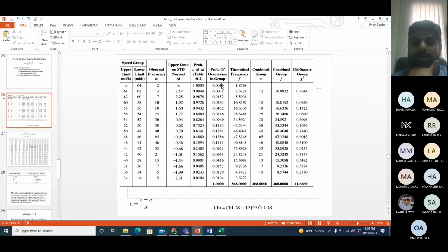So the probability of each group will be multiplied by 368, and this will give you the f value. So 0.0051 multiplied by 368 will give you 1.8768. 0.0071 multiplied by 368 will give you 2.6128, and so on. So all these values will be multiplied by 368. You get the f value.